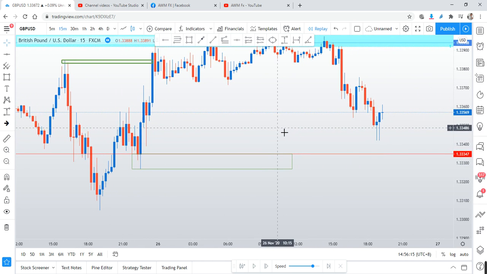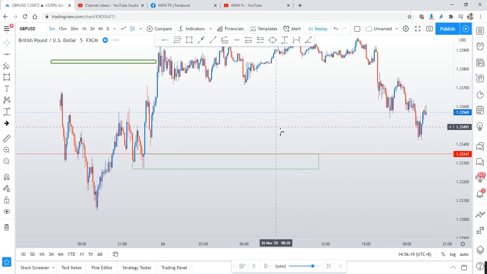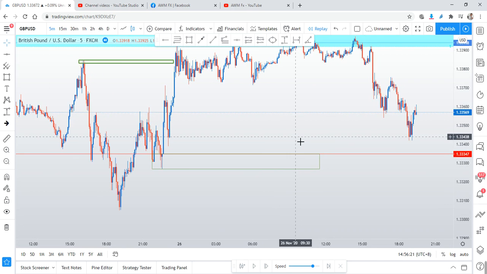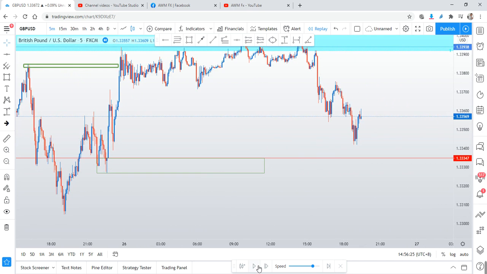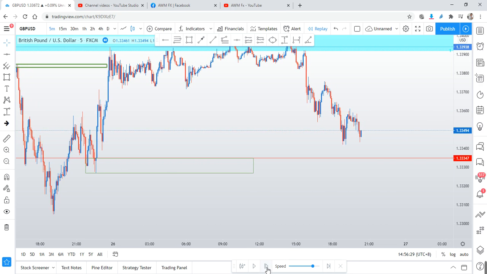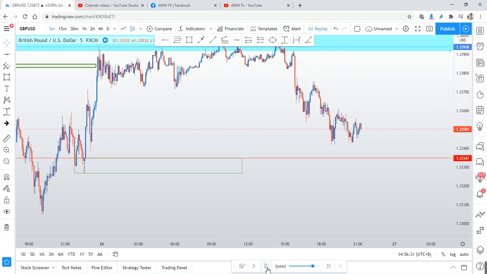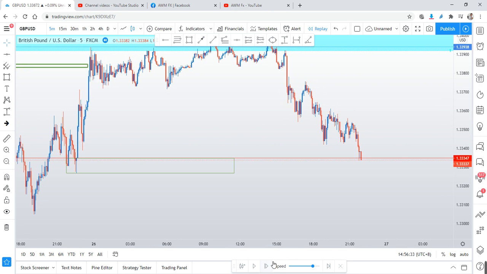What was my mistake? First of all, let me switch it to 5 minutes. My mistake over here was that, as you can see, the price came down and retested, rejected.